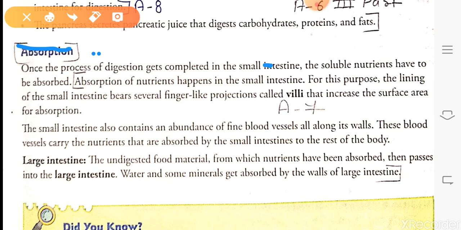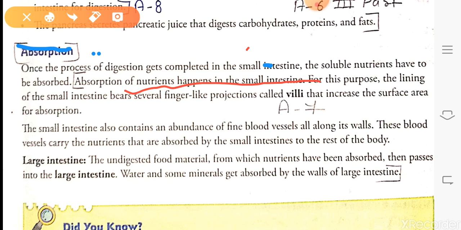The soluble nutrients have to be absorbed. So the absorption of nutrients happens in the small intestine.